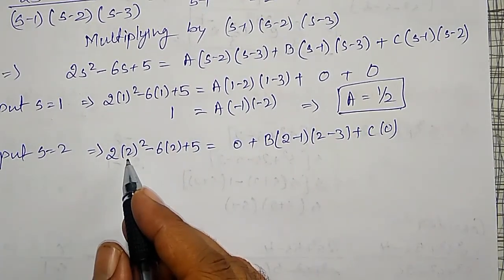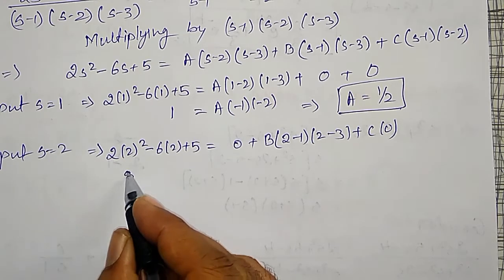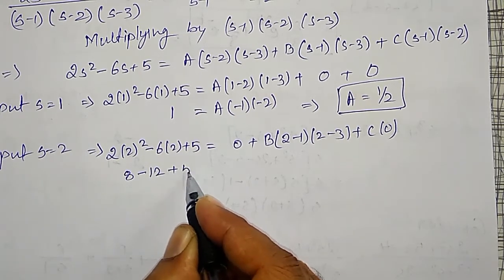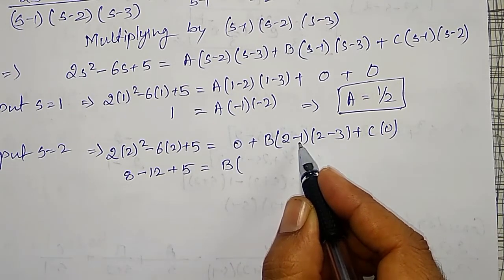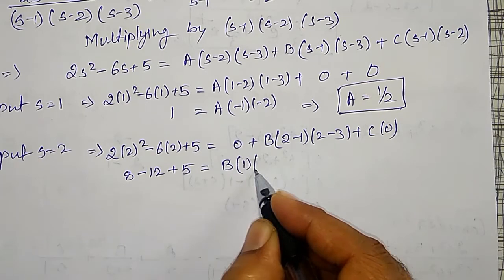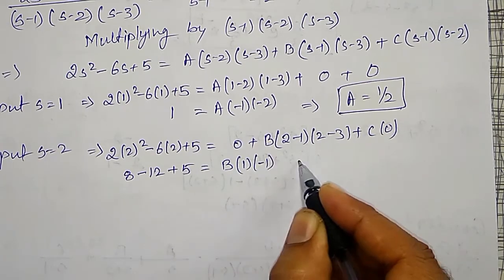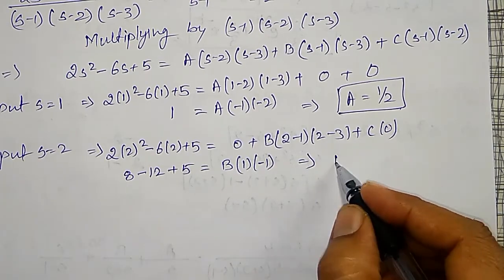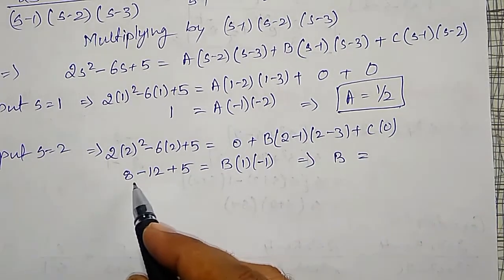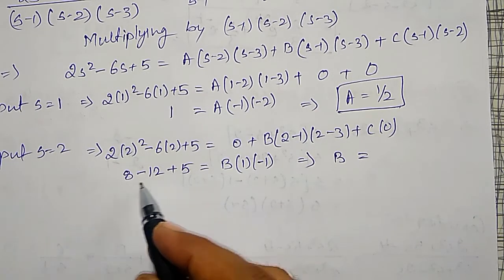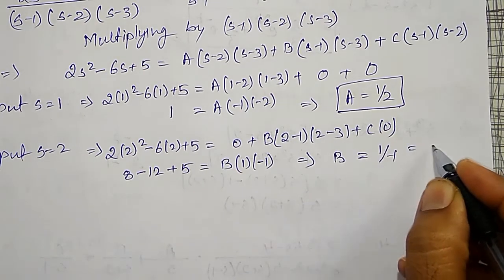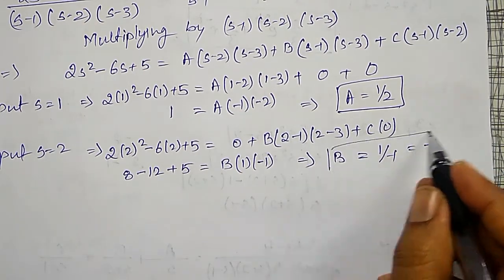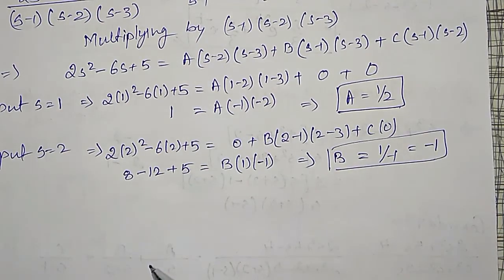Therefore, 2 squared is 4, 4 into 2 is 8, 8 minus 12 plus 5 equals B into 1 into (−1), which implies B is equal to (−4 + 5) divided by −1. Minus 4 plus 5 is again 1, and 1 divided by −1 is −1. B is equal to −1.